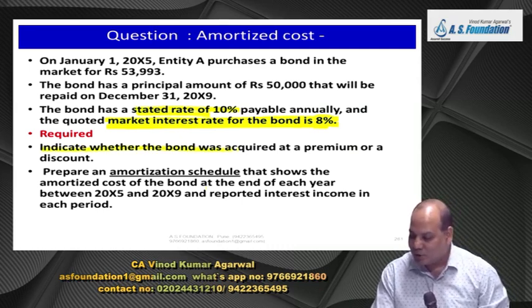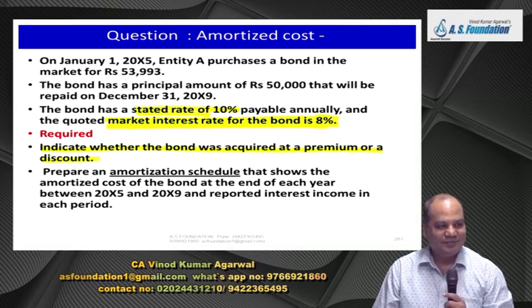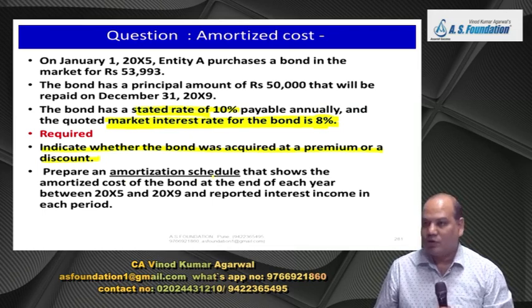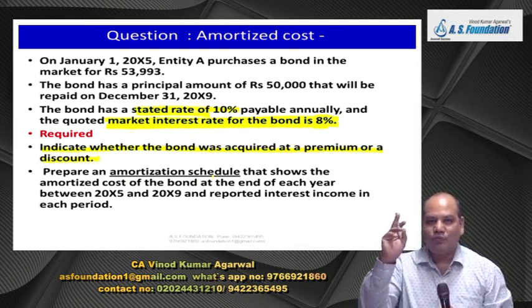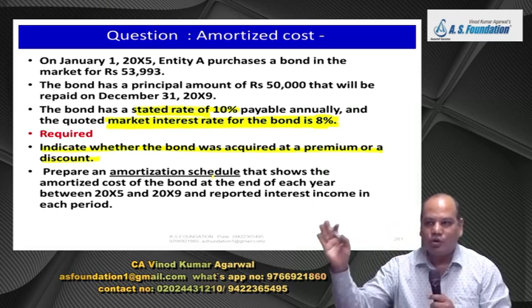Now first question for 100 marks. Indicate whether the bond was acquired at a premium or at a discount. Premium. Premium word tick mark. Prepare an amortization schedule. Amortization schedule means you will show opening balance, interest earned, interest received, and closing balance.